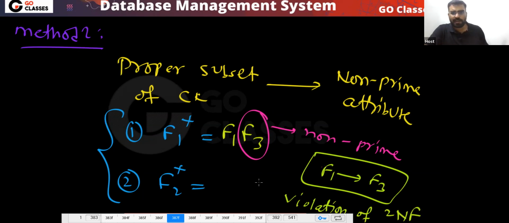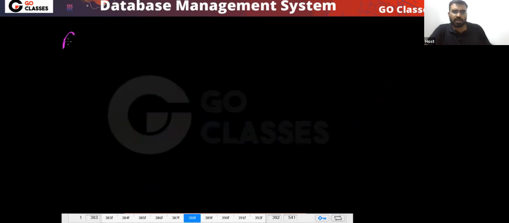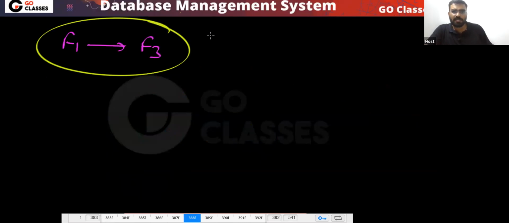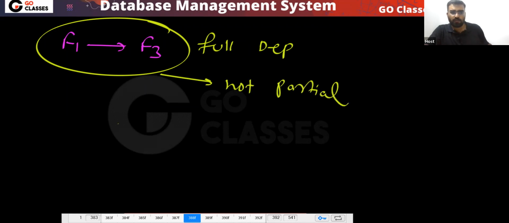Tell me, is this a partial dependency? F1 to F3, F1 determines F3. This is actually full dependency, not partial. What is partial?